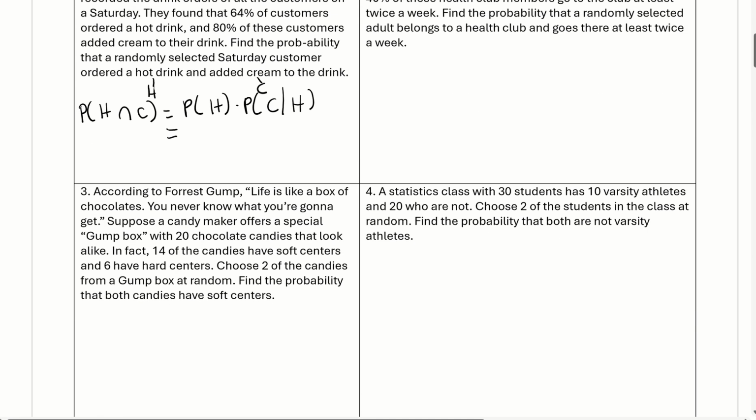All right, and so here we have the probability of a hot drink. They mention in the problem 64%, so it's 0.64. And then the probability of cream given hot drink, it says 80% of these customers, so they actually give you that number. All right, and you multiply those two probabilities together. So do that over here.